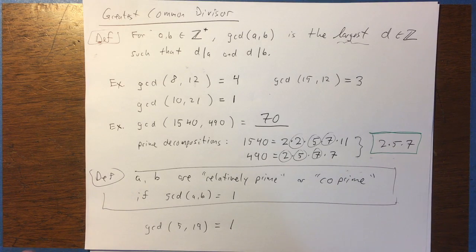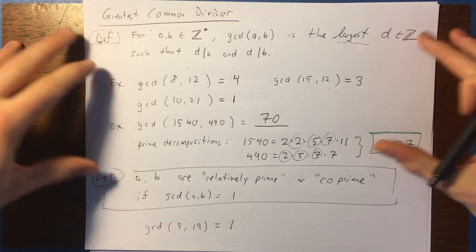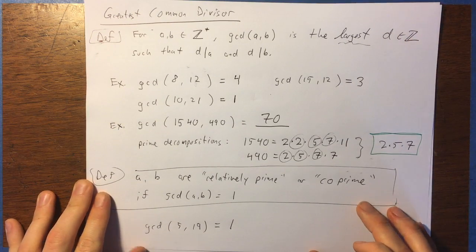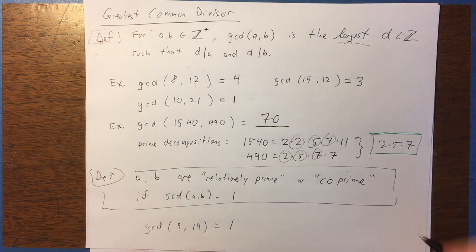Okay, so that's greatest common divisor and this spin-off idea of relatively prime. The notion of numbers being relatively prime turns out to be very important in certain areas like algebra. If you take abstract algebra, maybe a 300 level math class, or 3000, I forget how we do it here.